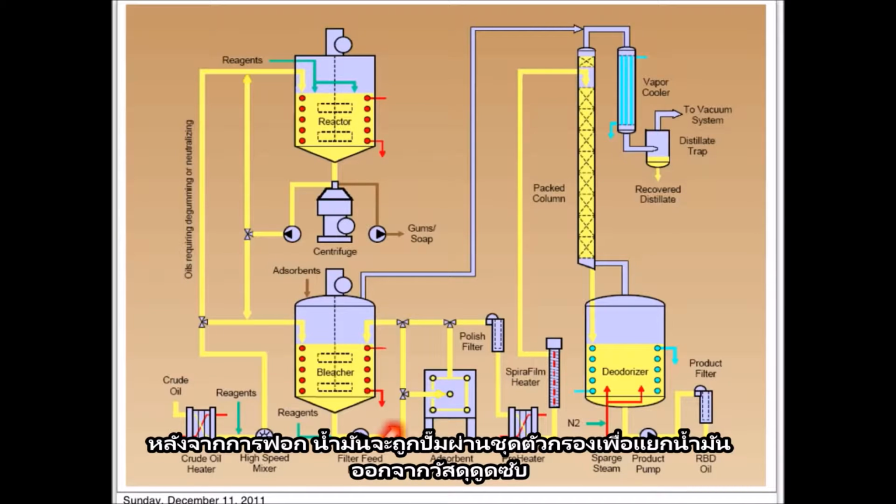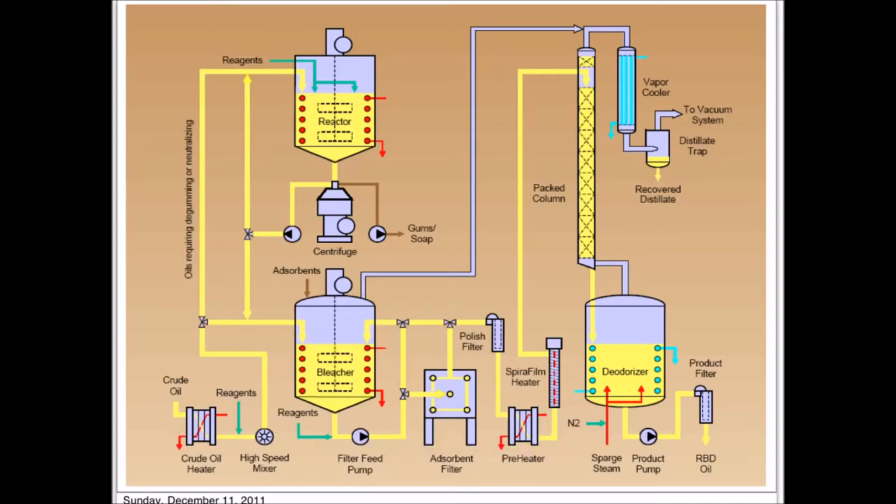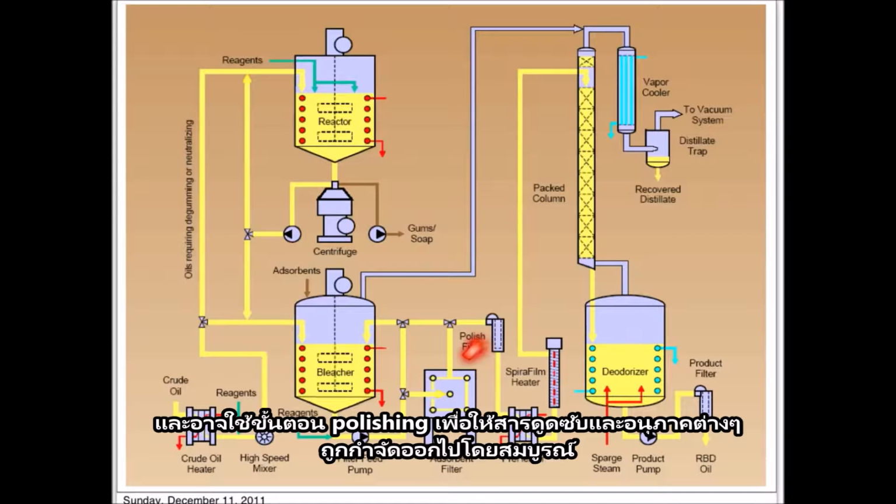After the bleaching, the oil will be pumped through a series of filters to separate the oil from the adsorbent material, and perhaps some polishing step to ensure the spent bleaching earth particles are removed completely.